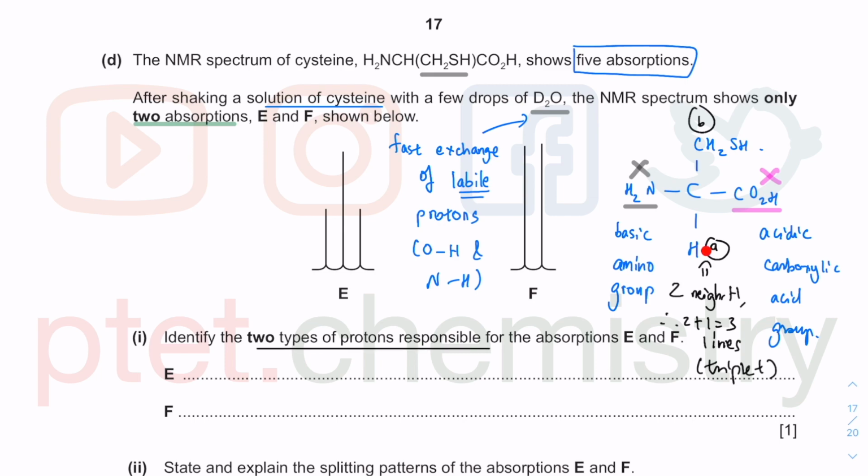So looks like A has to be this distinct absorption E here, and F is a doublet. If I am here, assuming that SH probably behaves like OH, I am not entirely sure, but it seems like when you are here you only see 1 neighboring proton, because you don't couple to the proton on OH. It seems like you also don't couple to the protons on the SH.